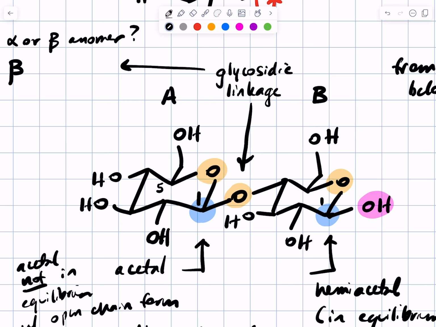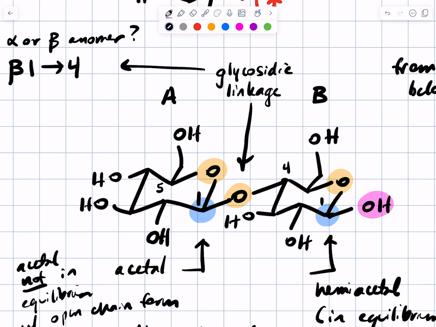The next thing you do is describe the two atoms of the carbohydrates that are involved in the glycosidic linkage, starting with the acetal carbon. So that would be 1, and then you draw an arrow, and then you write down the number of the atom that is involved in that glycosidic linkage. So this is a beta 1,4 linkage.